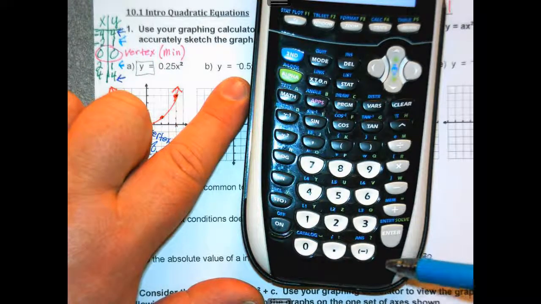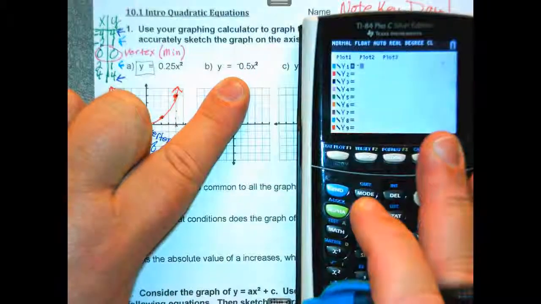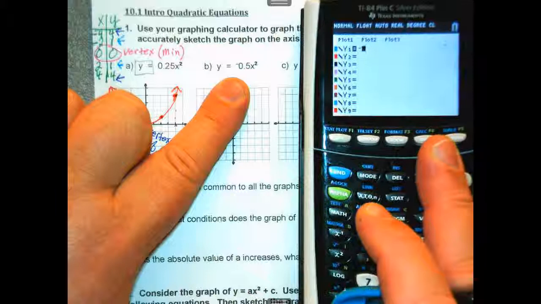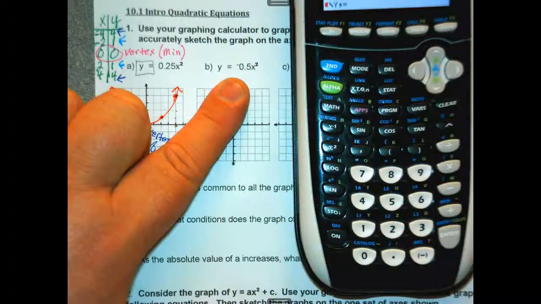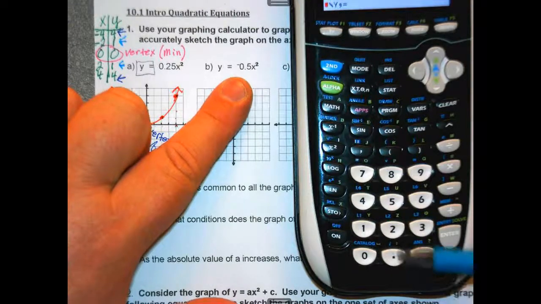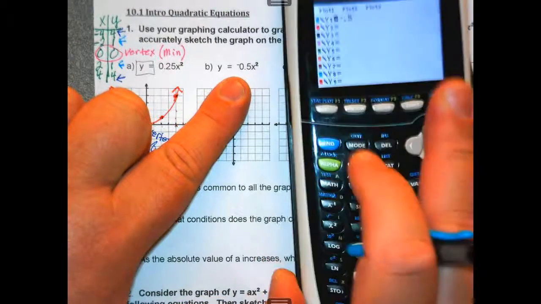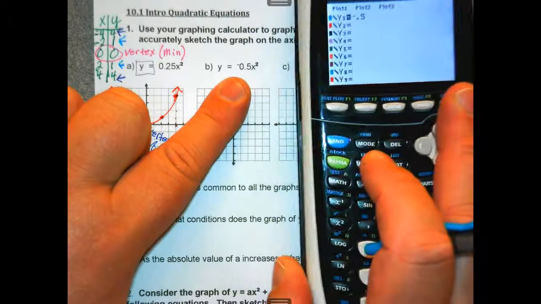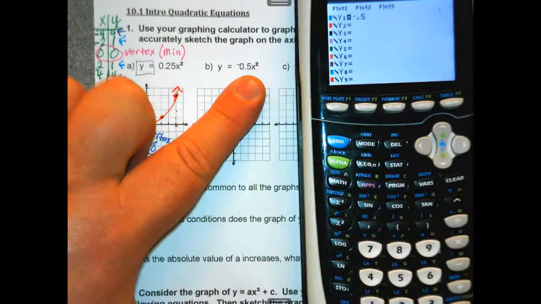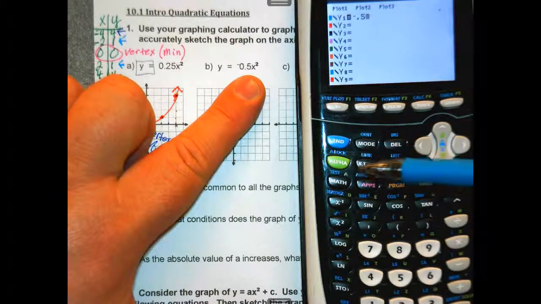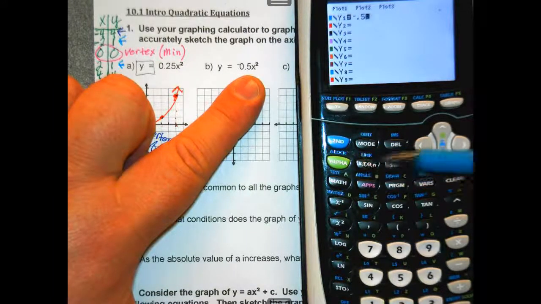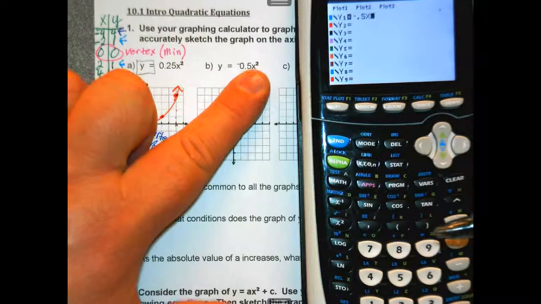So we're going to put in negative. See how my negative sign comes in? And then I'm going to put 0.5. So negative 0.5. Yeah, that came up negative 0.5. Then I need my x. My x is right there. So I'm going to hit the x key. And then I have to square it.